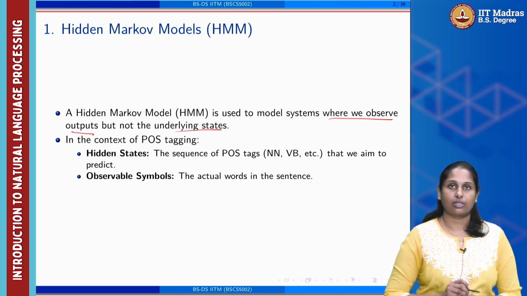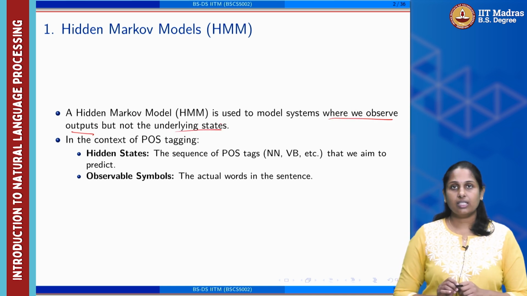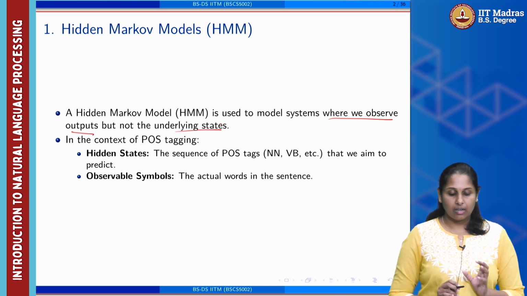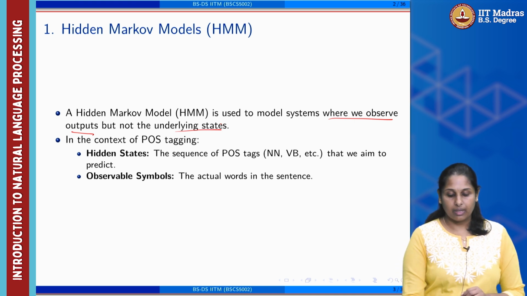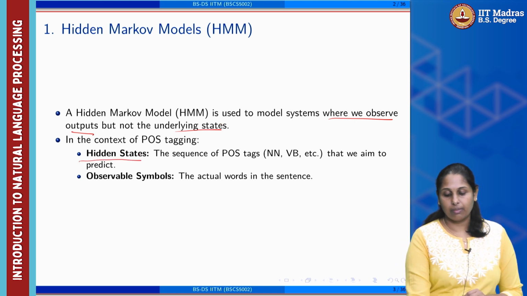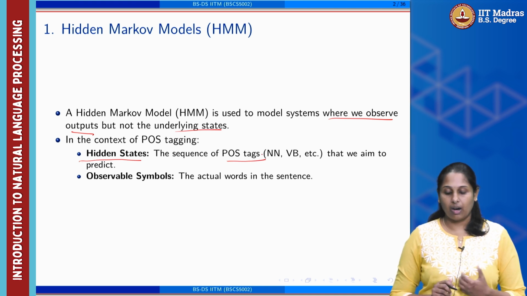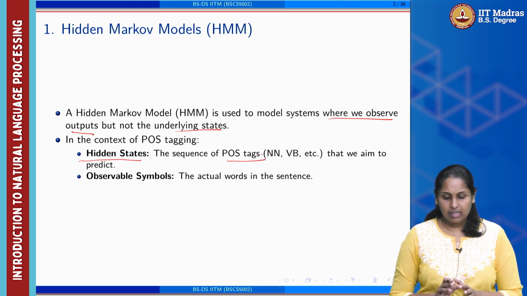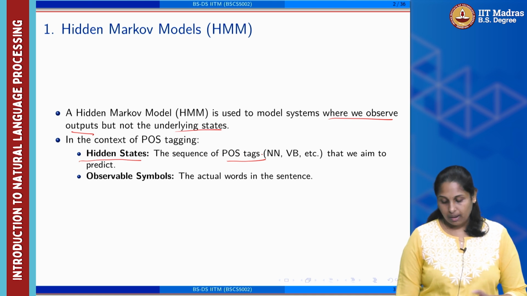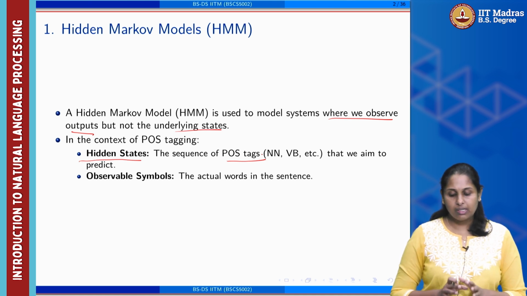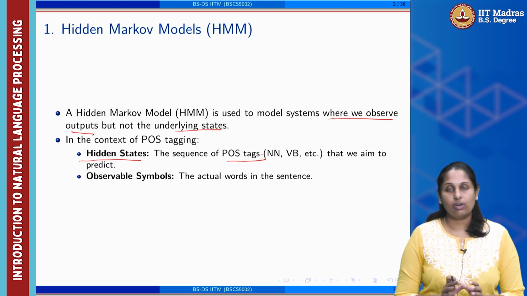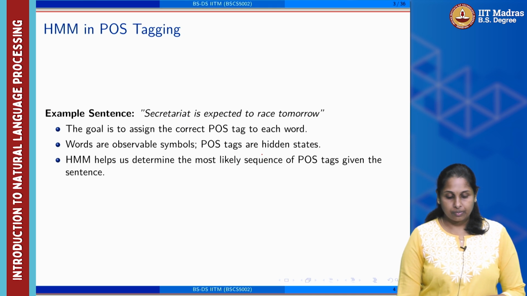underlying states. In the context of POS tagging, there is something that we need to understand. The hidden states are nothing but the sequence of POS tags, so N and VB are hidden states here. That is what we are aiming to predict, and the observable symbols are the actual words in the sentence.